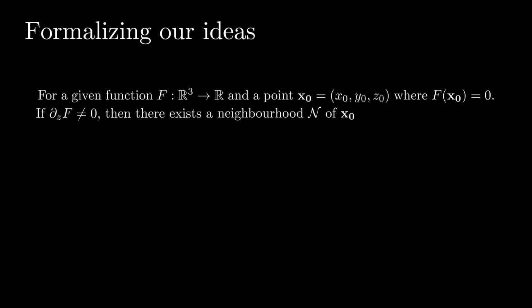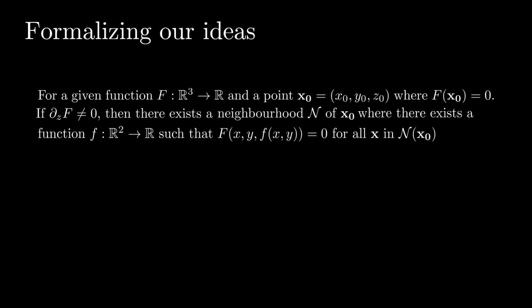So there exists a neighborhood N of x0 where there exists a function f from R2 to R, this is a 2 variable function, such that big F of x, y, and f of x, y equals 0 for all x, this means all the points in the neighborhood of x0.